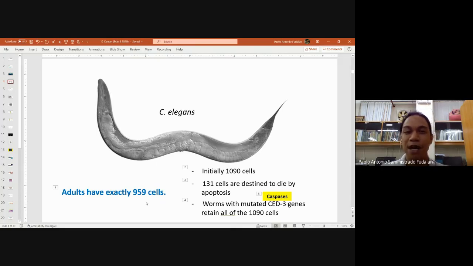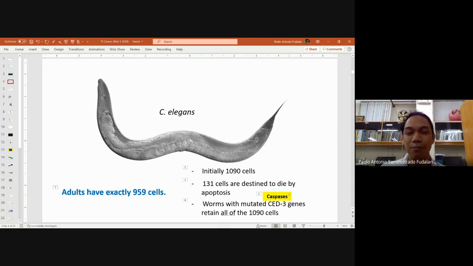But of course, we only know this if we encounter the abnormality. Scientists encountered adults that have all the 1090 cells. And they found out that the difference between the normal adults with 959 cells versus the mutated adults is the mutation of the gene called CED3. These CED3 genes contain instructions to make enzymes known as caspases.